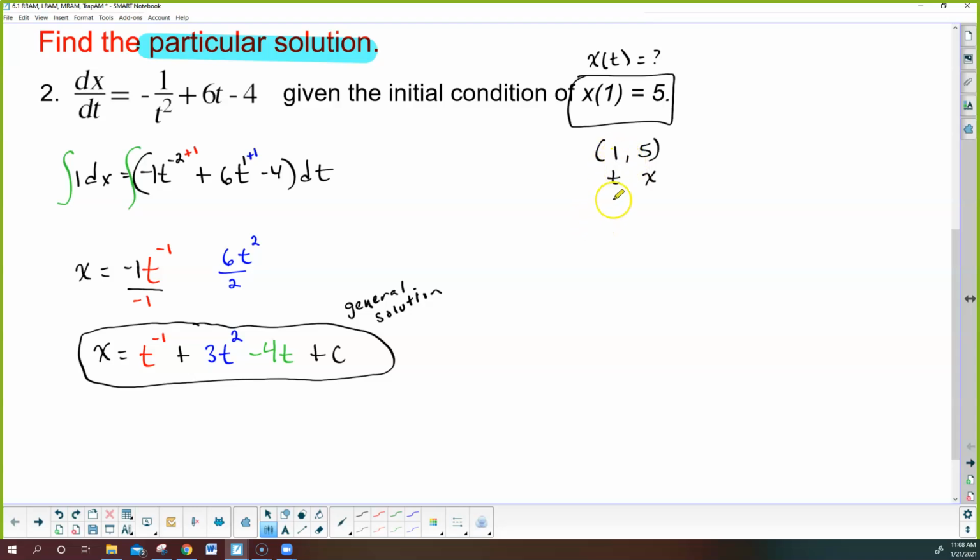So we take our general solution and we plug in the 1 and the 5. So x is 5, and wherever I see a t, I'm going to plug in 1.